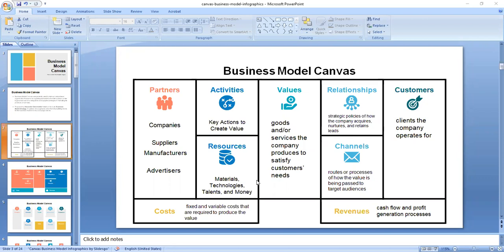The talents. So who can give me an example of how important talent is as one of the resources? Can you give me a company that crosses your mind that is very dependent on the talent it has in delivering the product or the services that it delivers to its customers? Can you give me an example? Speaking of talent.